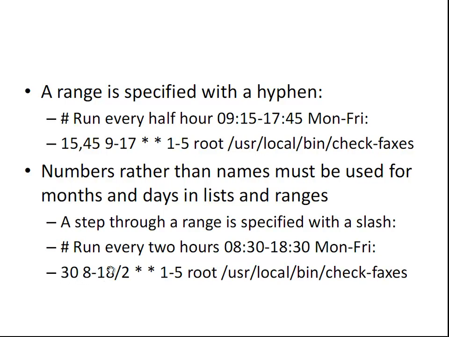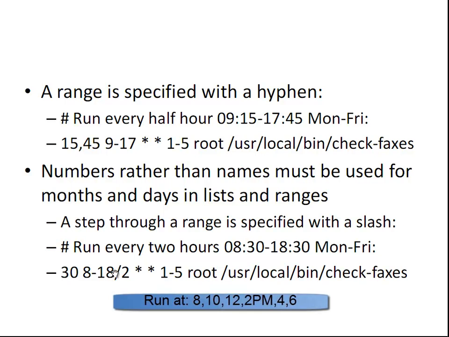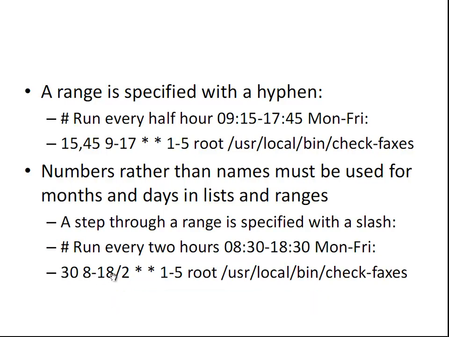So if we just take this by itself, this is saying from 8 a.m. to 6 p.m. But notice this has a /2. This means that run this command every 2 hours. So at 8, 10, 12, 2, 4, and 6, this script would be run as long as it's Monday through Friday.